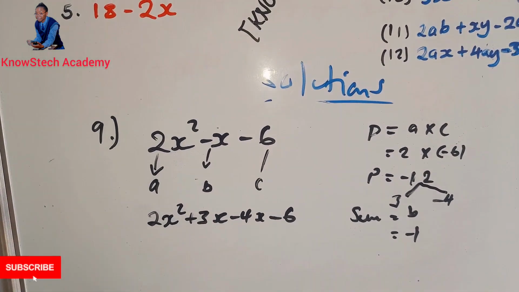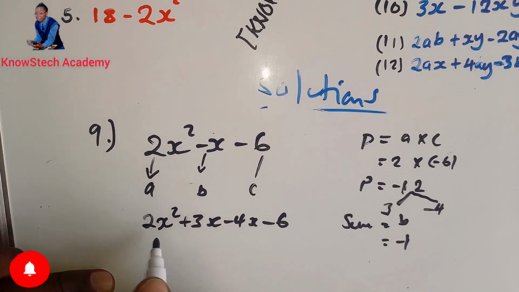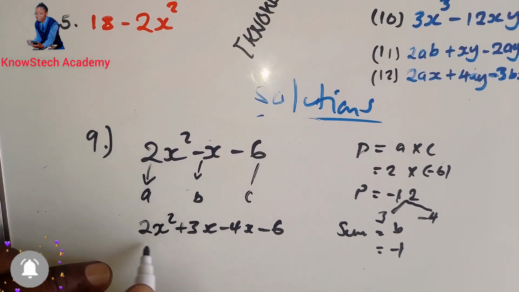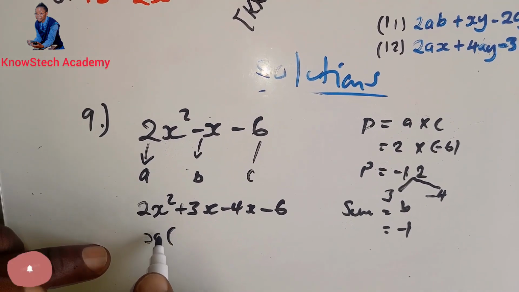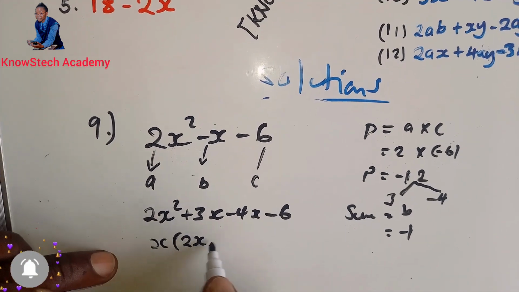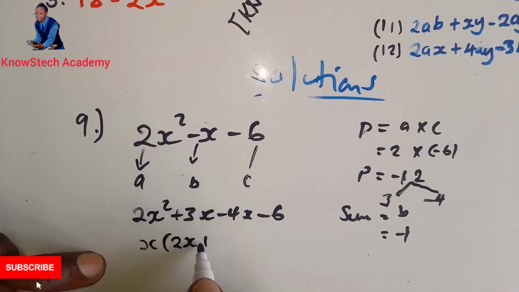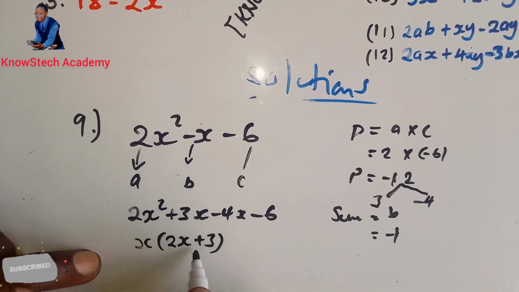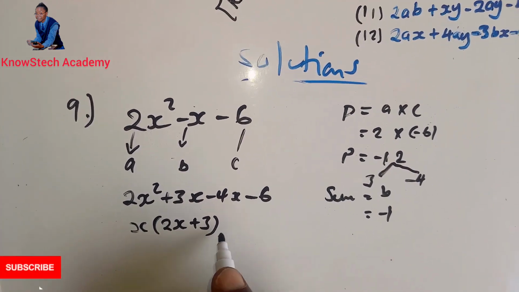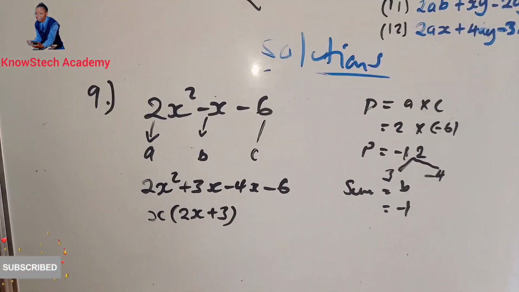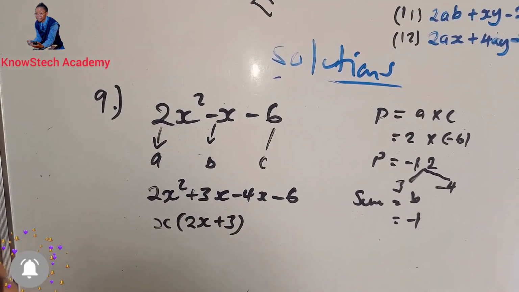We can factorize by grouping. What is common between the first 2 terms is x. So x into 2x squared, this is 2x. x and x remain with 3. Whatever we've done here, we found which is 2x plus 3. We should find the same thing this side.